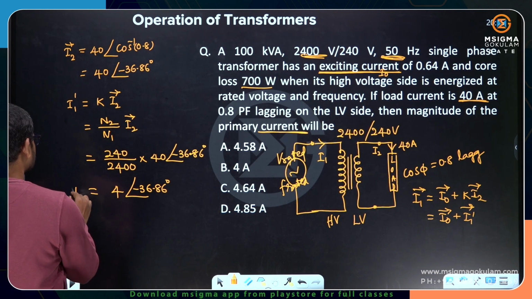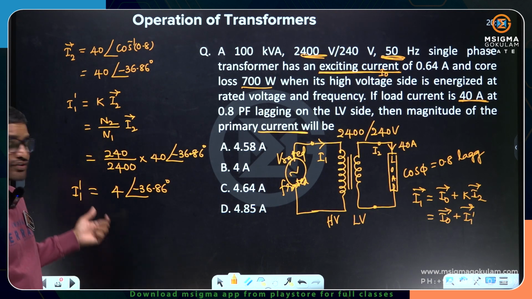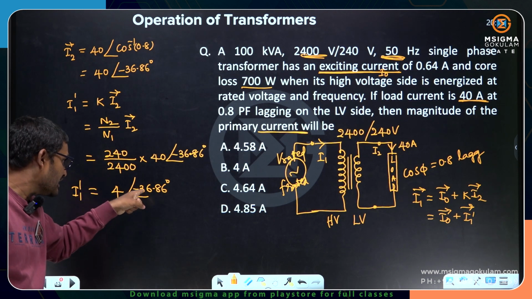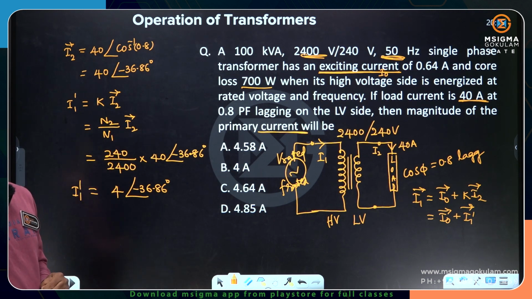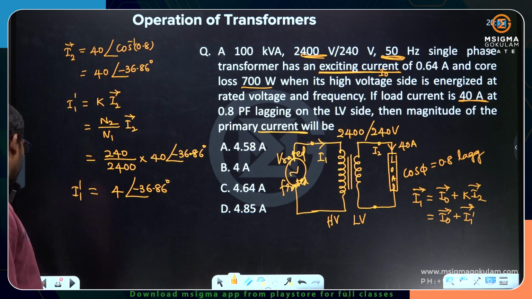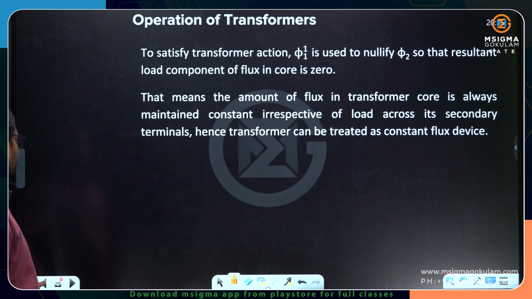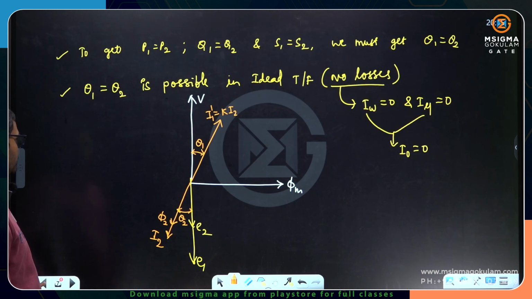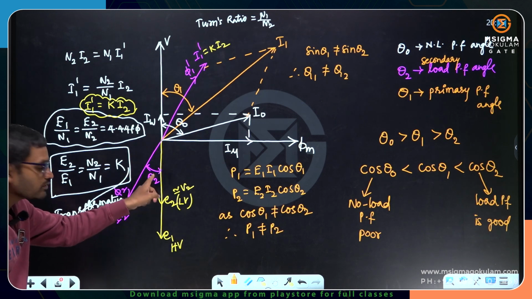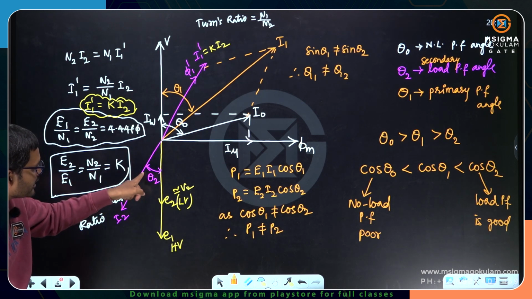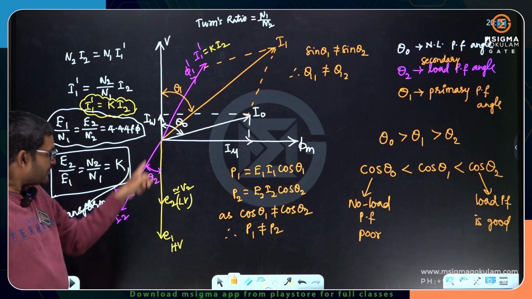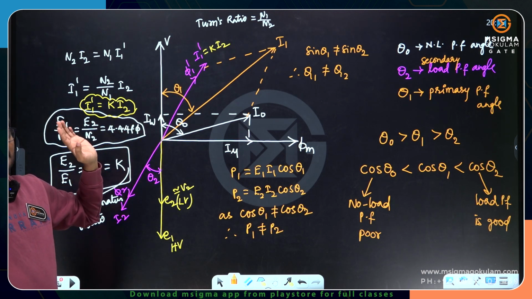Okay, so this is the primary component of current. The primary component of current is going to lag the supply voltage by 36.86 degrees. If you look at the phasor diagram, theta 2 is the load current angle, minus 36.86, and this I1 dash is also going to lag by the same angle, 36.86 degrees only.